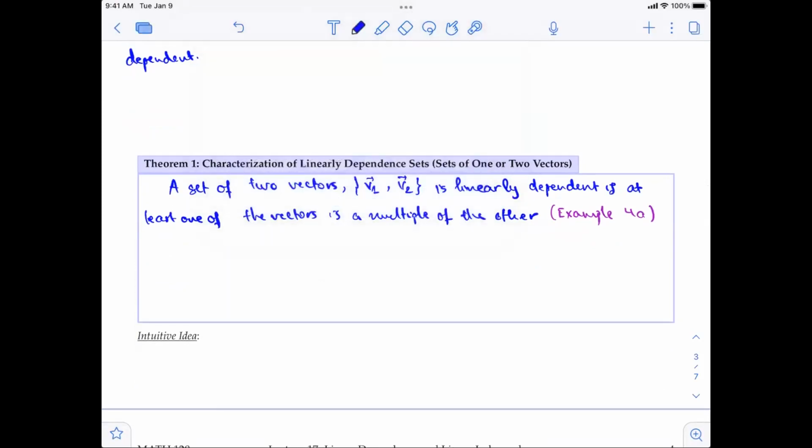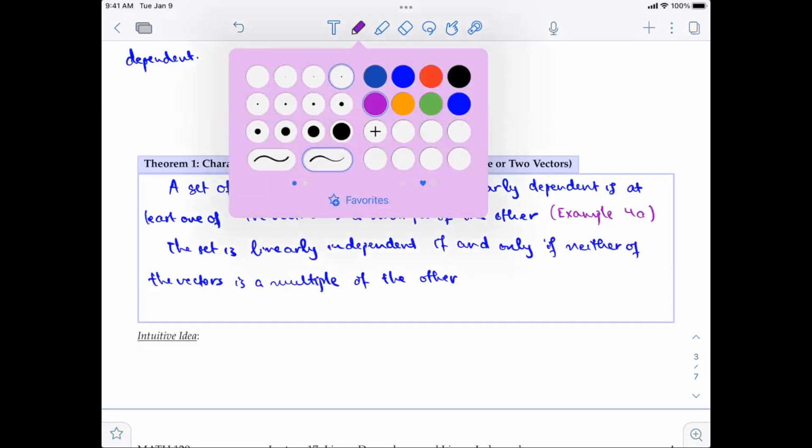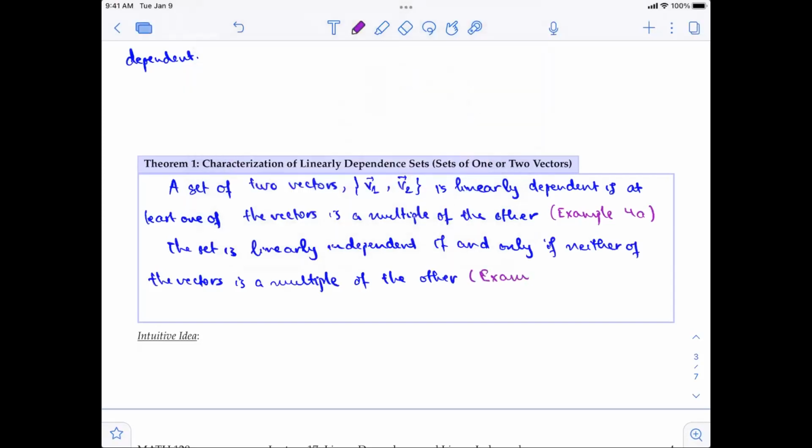Now, the second characterization is that the set is linearly independent if and only if neither of the vectors is a multiple of the other. And you can see this in example 4b.